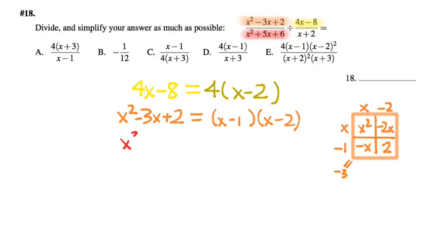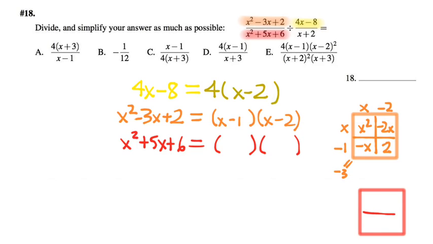And finally, x squared plus 5x plus 6, same game. A pair of numbers which multiply together to give me how much? So I have to multiply together and give me the constant term 6.